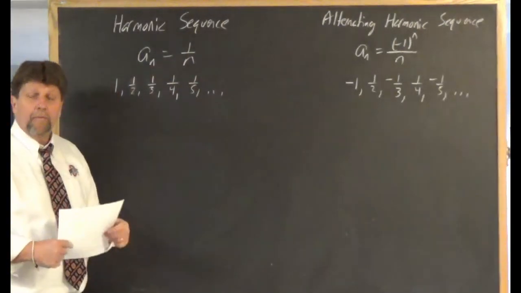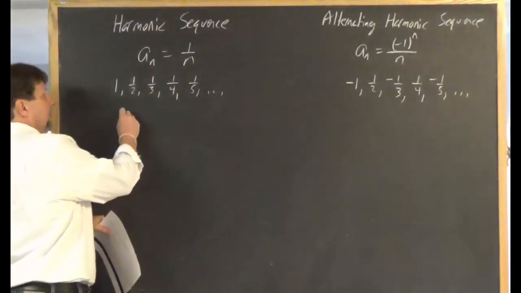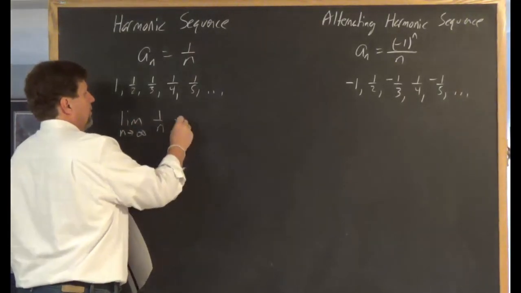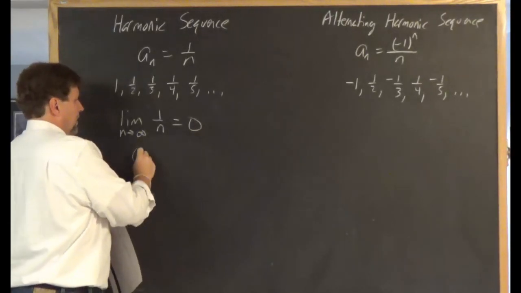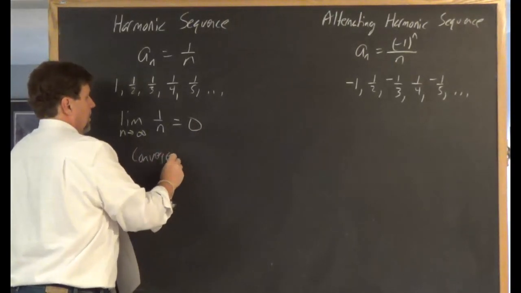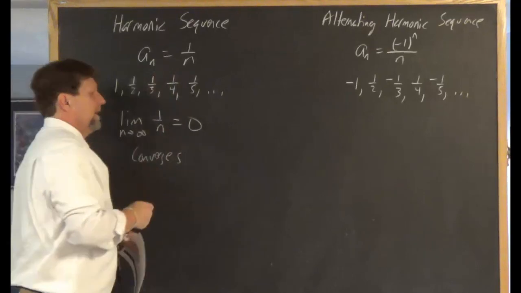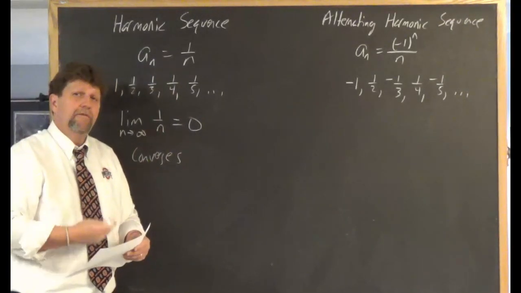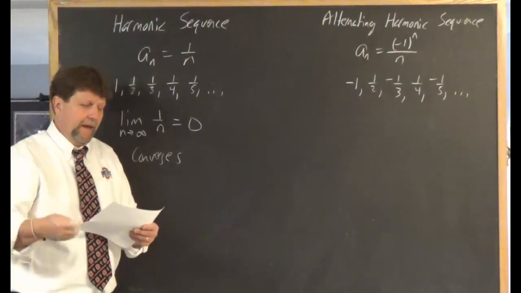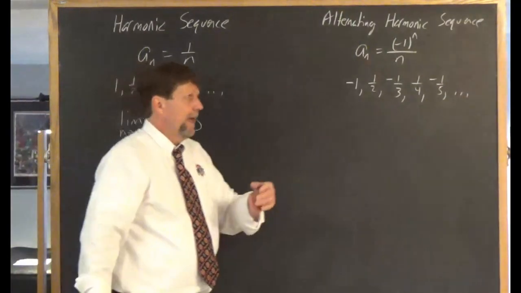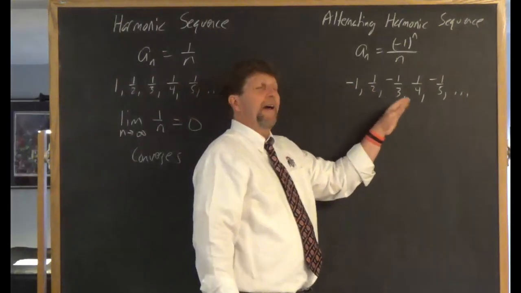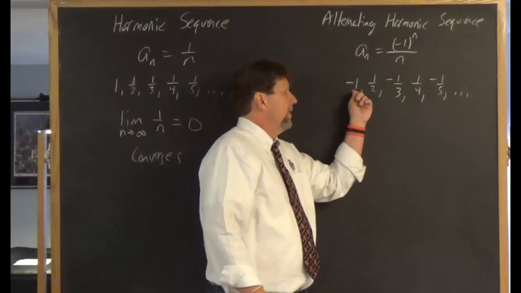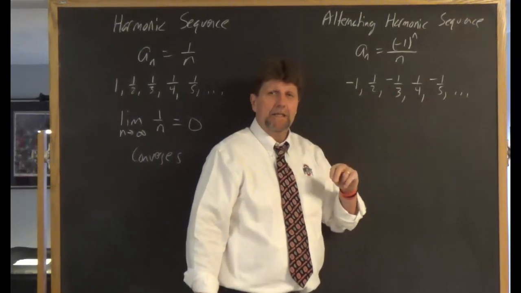we already know the harmonic sequence converges. We know the limit as n goes to infinity of 1 over n is 0. So the harmonic sequence converges, and now we use the power of the absolute value theorem. What the absolute value theorem says is, if you take the absolute value of each term, the negative terms become positive.